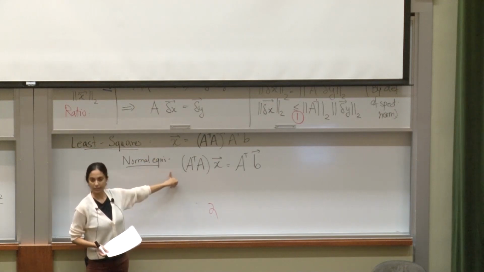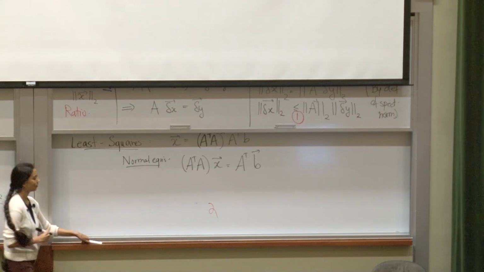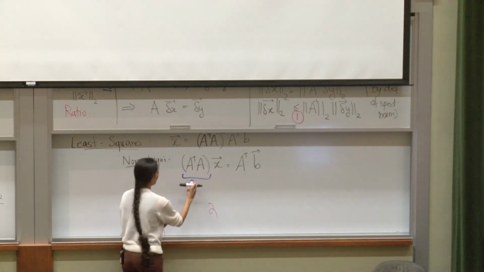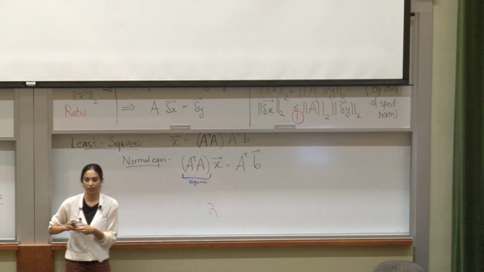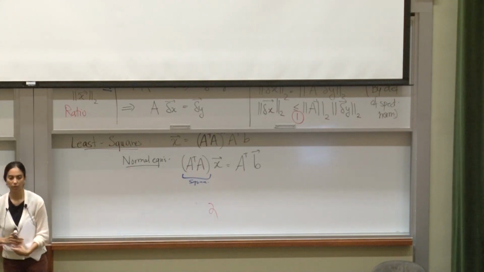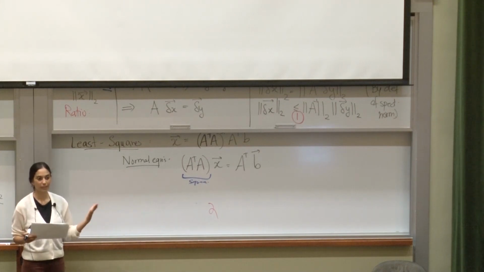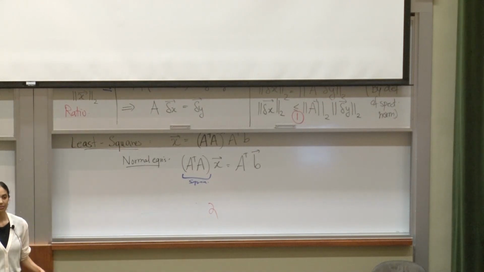I can just rewrite it this way, and now, just this little rewriting, what is the nice thing about this matrix? Square. So instead of thinking about the condition number of A, I can think about the condition number of A transpose A. But the nice thing is that the singular values of A transpose A and the singular values of A are also very nicely related, right?